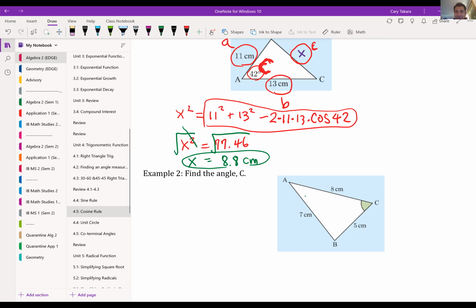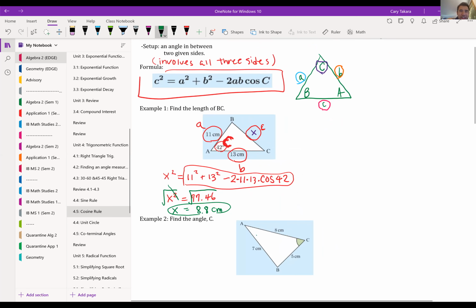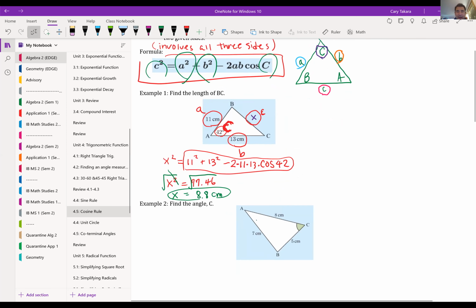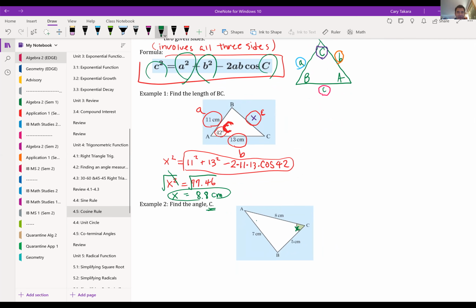But we definitely have the angle we are trying to figure out, and then the two sides with the angle in between. So let's apply the numbers into the equation. First, we need to identify which is A, which is B, and which is C, and then which is the angle. Definitely we need to figure out the angle C, that's what the problem says.